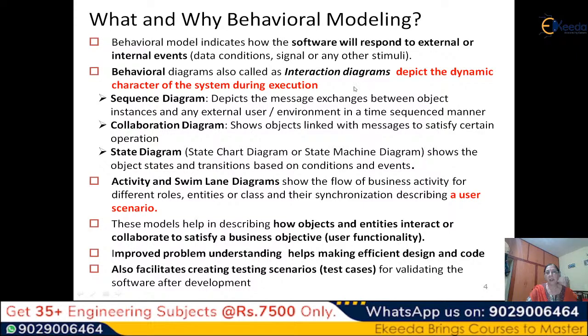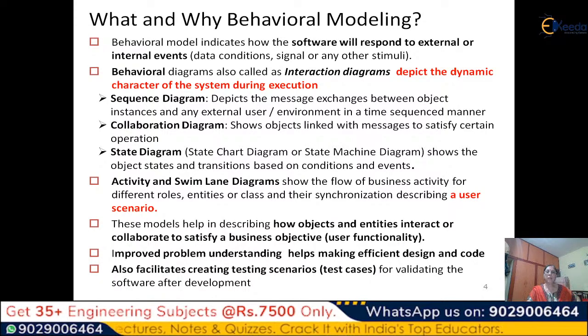If you remember, in the class diagram, what we had seen was the static, structural character, which doesn't change. But in case of the interaction diagrams or the behavioral diagrams, this is dynamic. We are trying to see what will happen when the system executes.